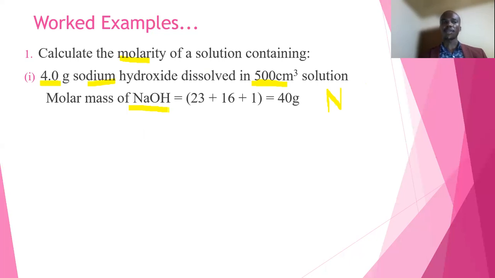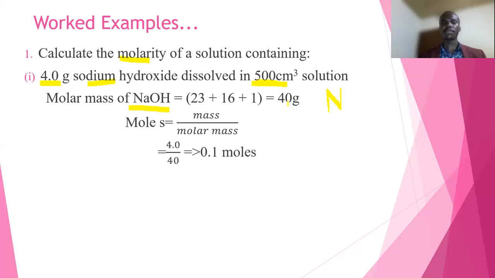Then from there, we have the mass. So can we now get the moles of sodium hydroxide? Yes. It is mass divided by molar mass, which is 4.0 divided by 40, giving 0.1 moles of sodium hydroxide. So we now have the moles.